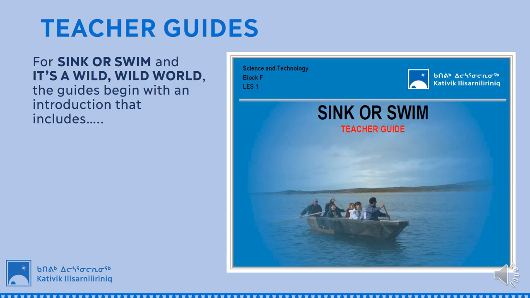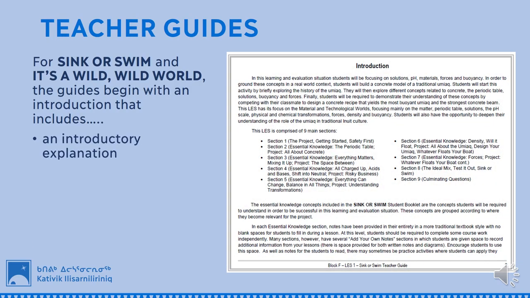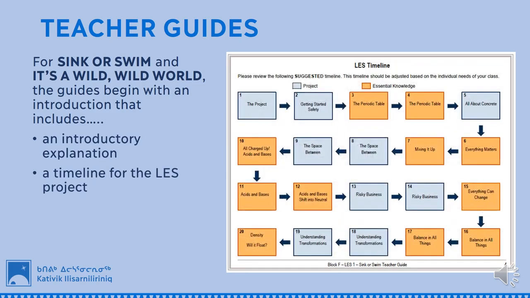In Block F, for the large LESs, Sink or Swim and It's a Wild, Wild World, the guides begin with an introduction that includes an introductory explanation of the project. There's the layout of Block F and a cool timeline for the project, laid out for you to follow, almost like a yellow brick road.